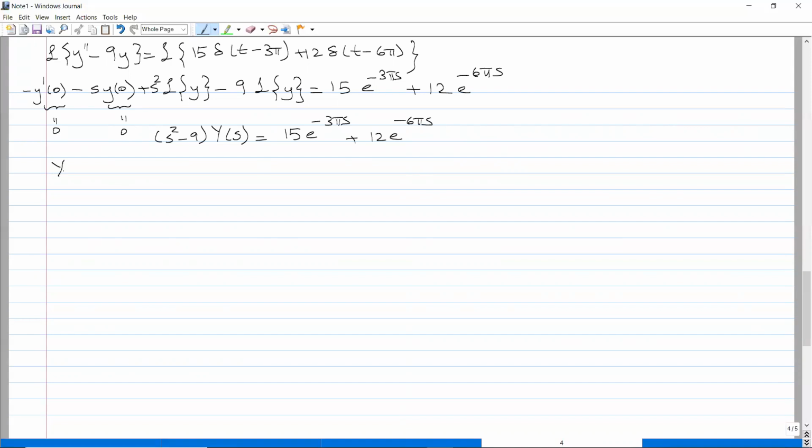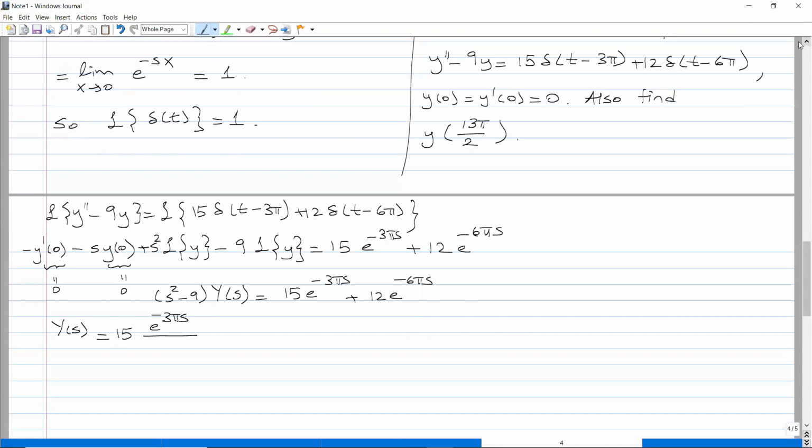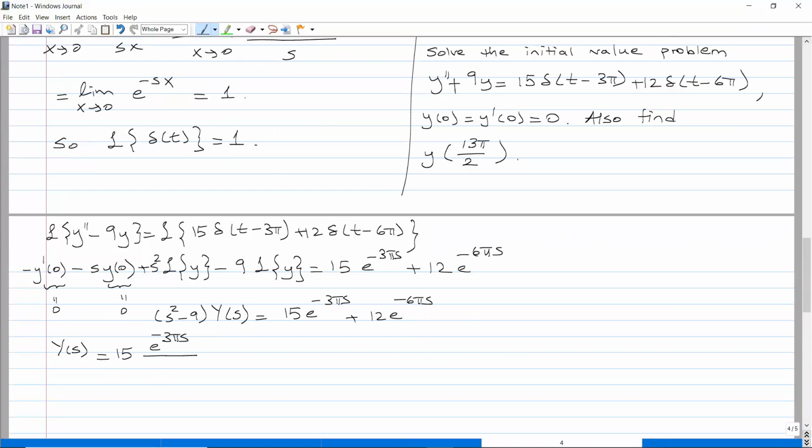So the Laplace transform, capital Y of s, is 15, it's a constant, so I write it in front, e to the minus 3 pi s over s squared minus 9... oops, I'm sorry, in the example it should be plus 9.